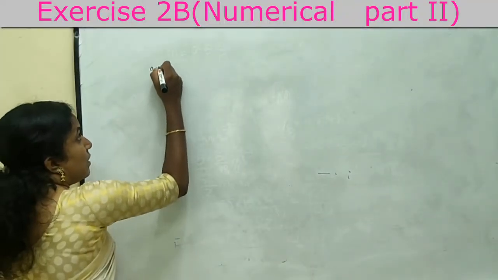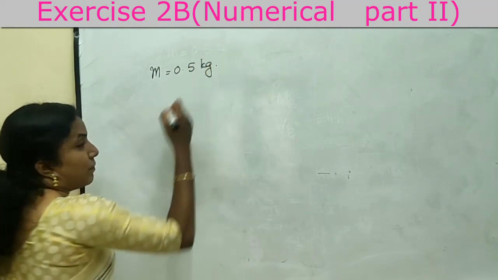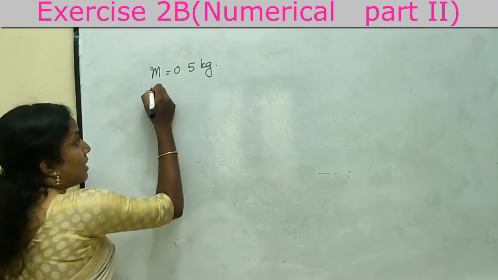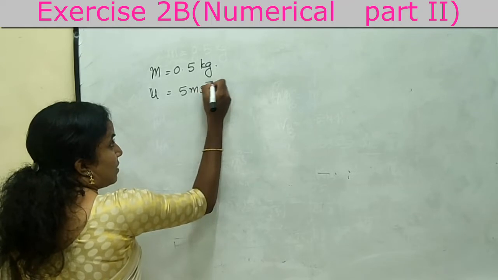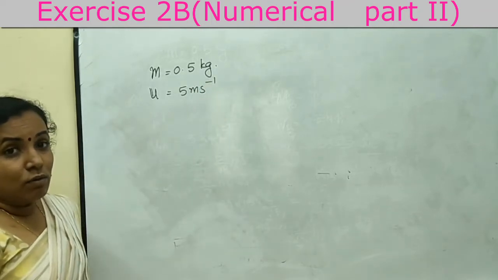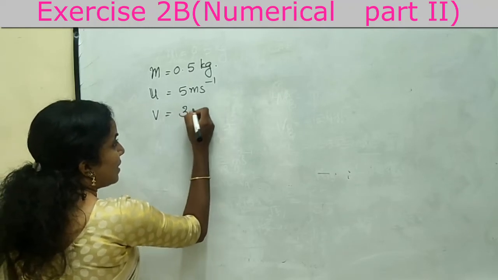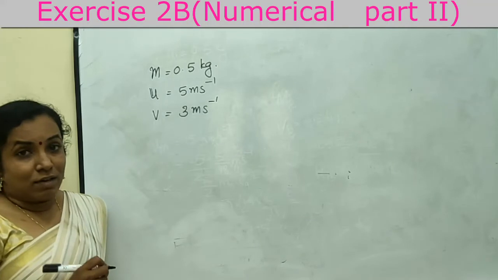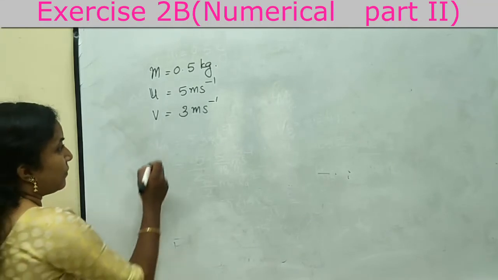Here, a ball of mass 0.5 kilogram has an initial velocity 5 meter per second. It slowed down so that the final velocity is 3 meter per second. We want to calculate the change in kinetic energy.